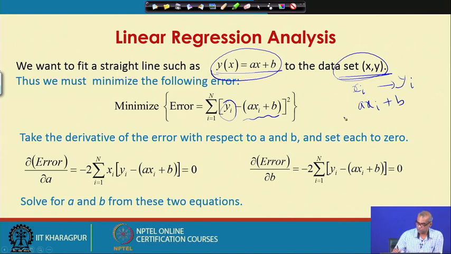So, the error will be y i minus (a x i plus b). So, the sum of all such squared errors must be minimized. In other words, we have to find out the values of a and b such that this error is minimum.